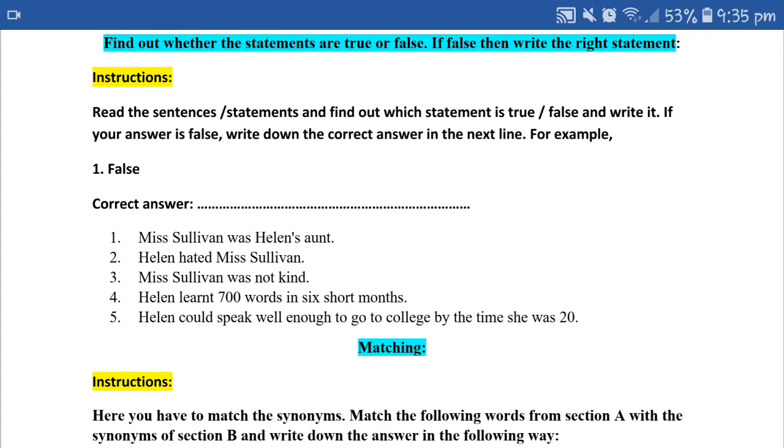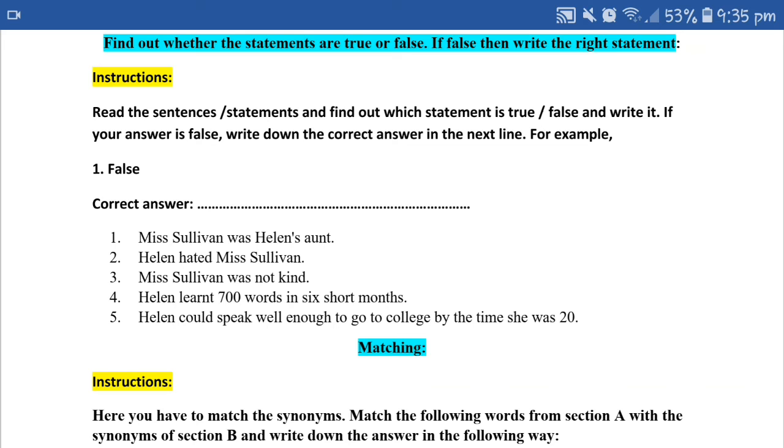Okay, true false. We all know how to practice true false, but here I'm going to remind you once again that there are sentences from 1 to 5. All you have to do is read the sentence first, and if you think the answer is true, then write true, and if you think the sentence is false, then write false, and in the next line write down the correct answer.